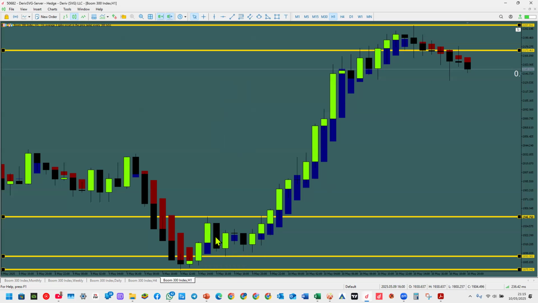You see this is black, this is green, this is black, black, green, black, green, black. Of course, because the market is going up, you will see bigger bullish candles, and then you will see smaller bearish candles. That's how the market went up. So now we want to talk about this candlestick.